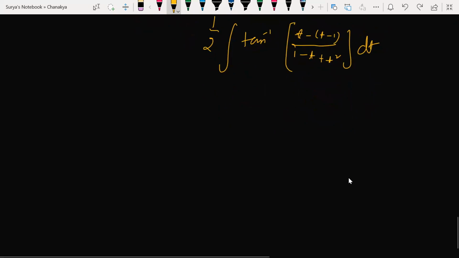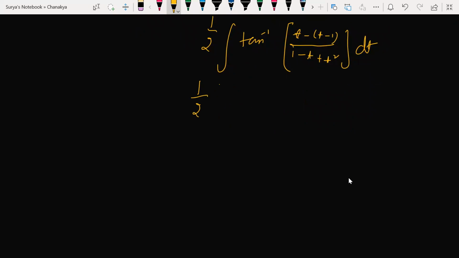So 1 by 2 times tan inverse of. Isn't it looking like, guys, look at this, the tan inverse of a minus b formula, a minus b by 1 plus a into b?